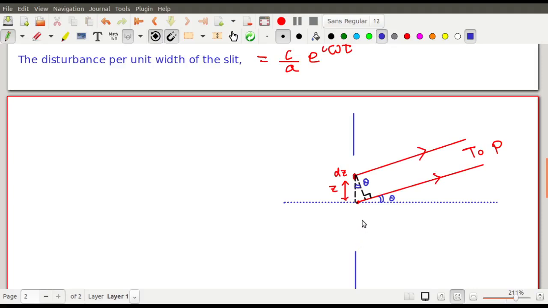So the path difference basically over here will be, if I give some name to these particular points, এই পয়েন্টগুলোকে যদি আমি একটু নাম দিয়ে রাখি, what should I put?